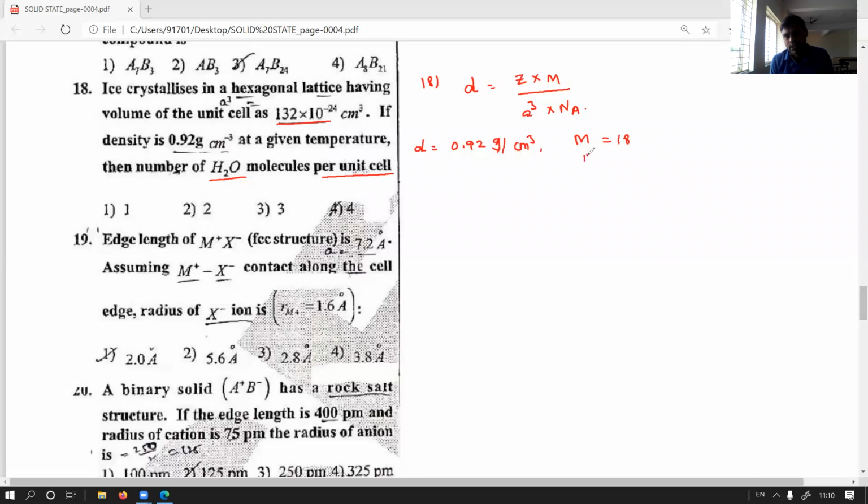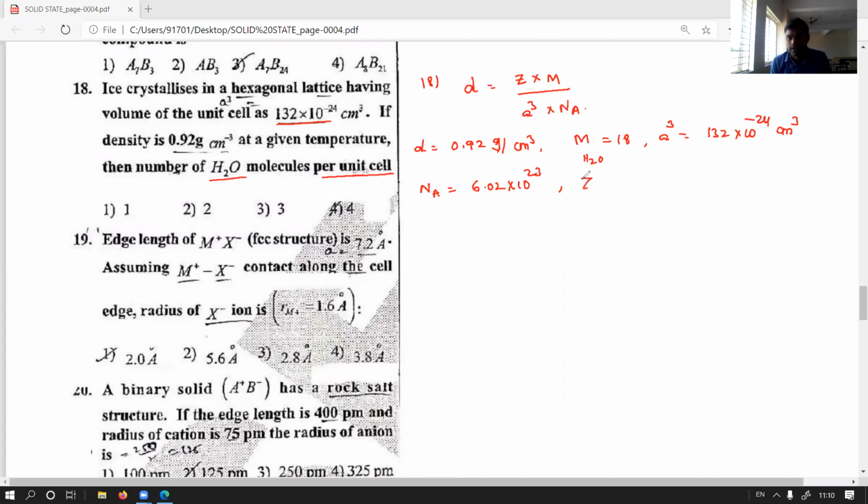Water H2O molecule molar weight is equal to 18. Then a cube is directly given: a cube is equal to 132 into 10 to the power of minus 24 centimeter cube, the volume of the unit cell. And Na we know is approximately 6.02 into 10 to the power of 23. We can write 6 into 10 to the power of 23 also, no problem.